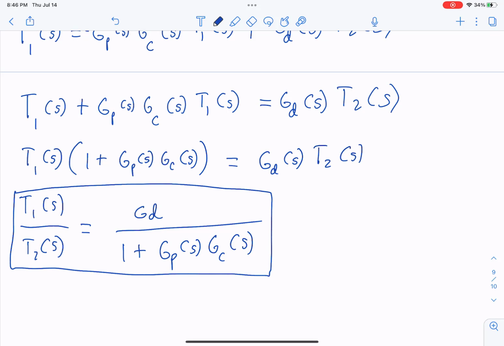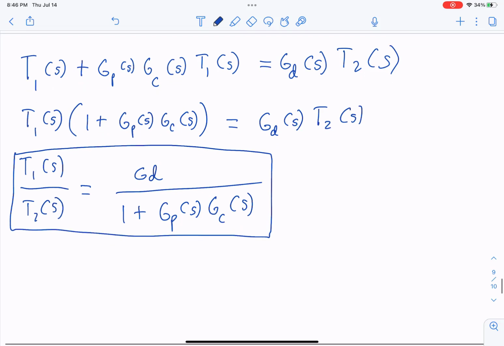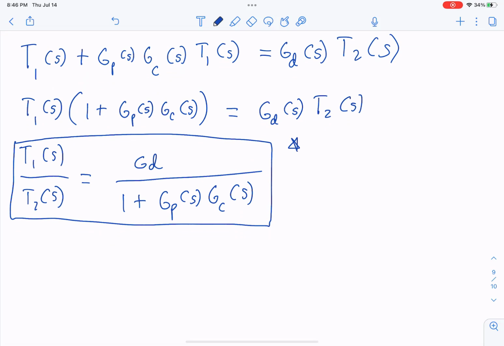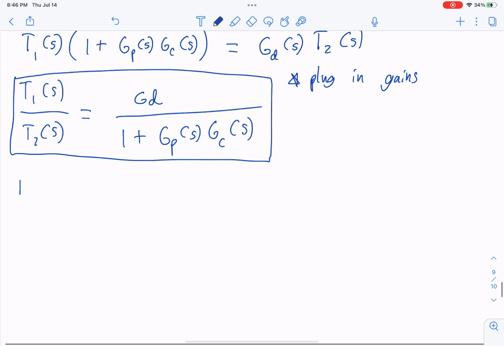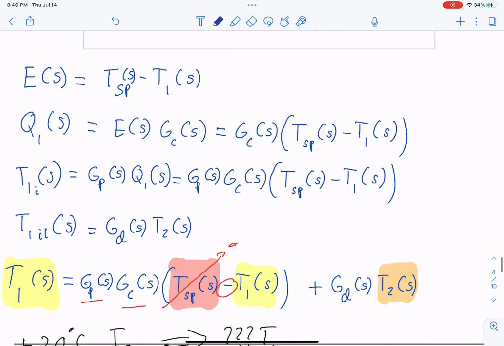So it's like a checkpoint, if you will. Now we know what our GD, our GP, and our GC are. So we're going to go ahead and plug those gains in. T1 over T2 is equal to, go ahead and we'll just scroll up a bit.